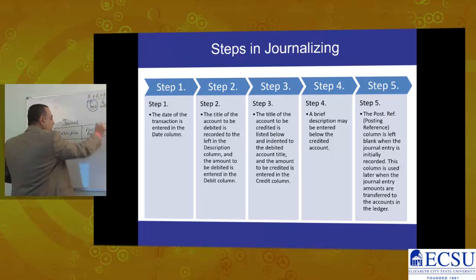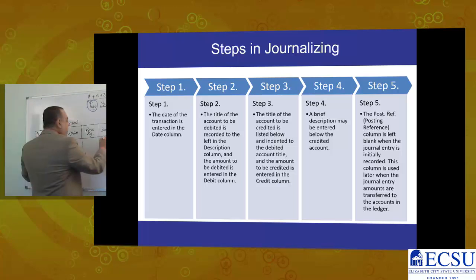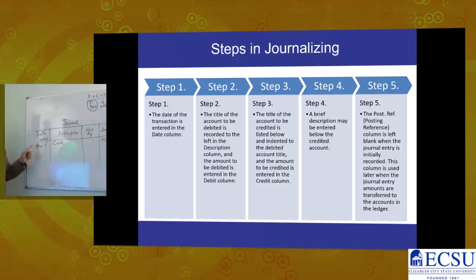Step number 1 was to put a date, supposing 2020, April, let's say 1st. Then supposing I have a cash account, and it's debited with, let's say, $10,000. So that is the second step.